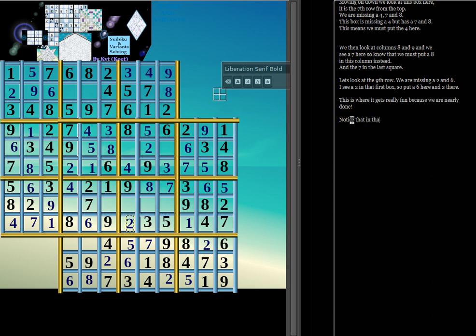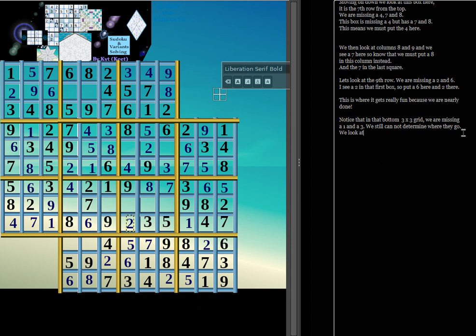Notice that in that bottom square, that bottom 3 by 3 grid, we are missing a 1 and a 3. We still cannot determine where they go.